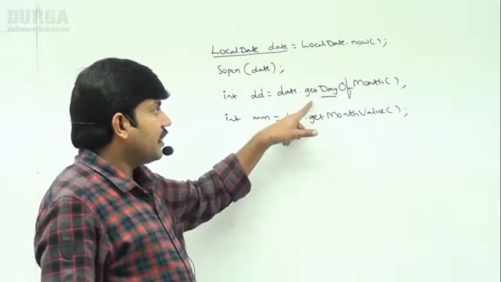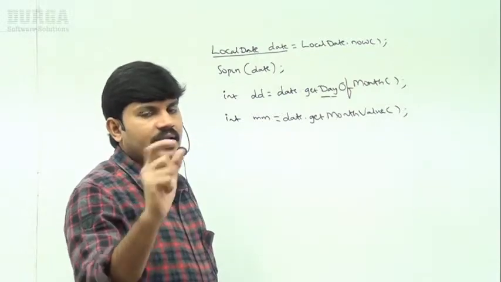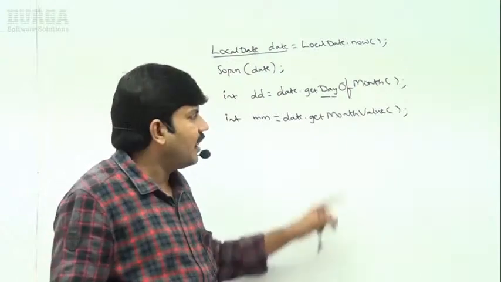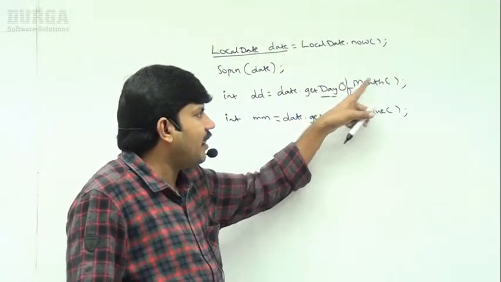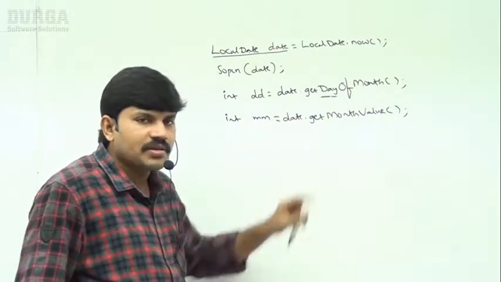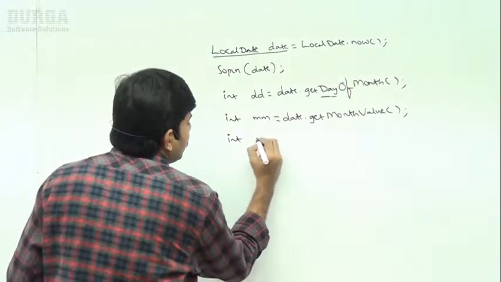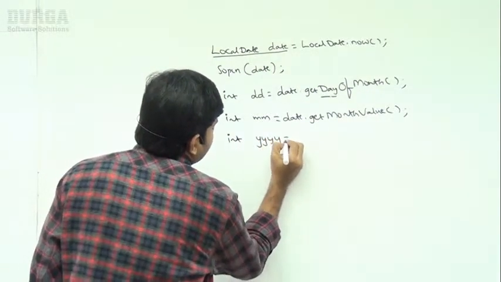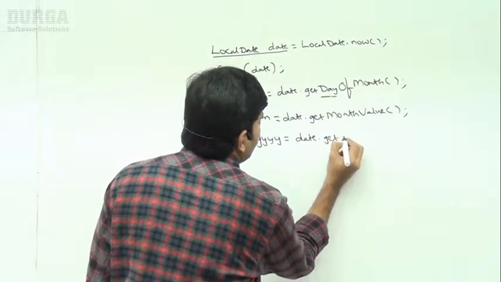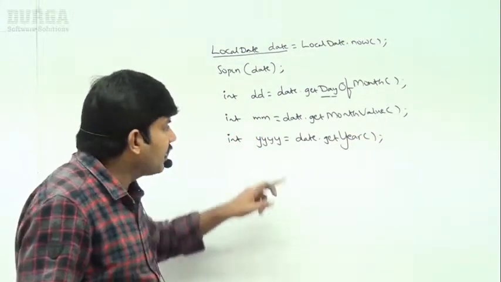Observe this one, sir. getDayOfMonth: in a month, what is the current day? 17th day of July, or 18th day, like that. Next, int mm = date.getMonthValue(), 07 or 08, like we are going to get. Next, int y = date.getYear(). Are you getting it? date.getYear(), like this, right?